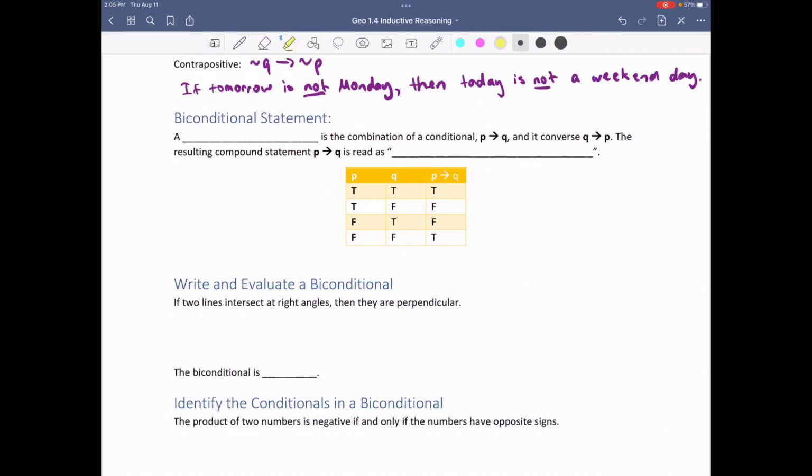Now we will be working with biconditional statements. The definition states that a biconditional is the combination of a conditional, if P then Q, and its converse, if Q then P. And so the resulting compound statement can be read as P if and only if Q. And as you might have noticed in the bottom, this graph represents the truth table.